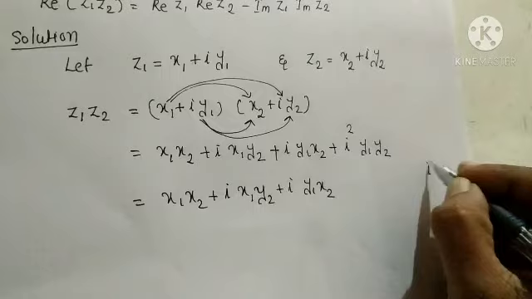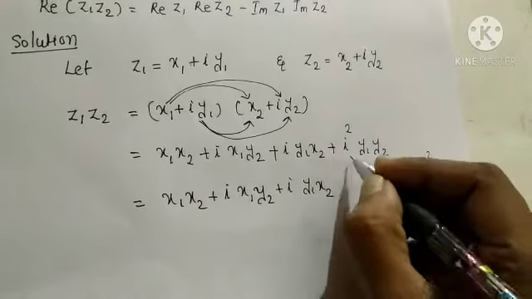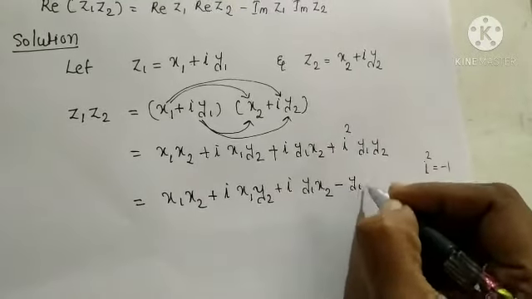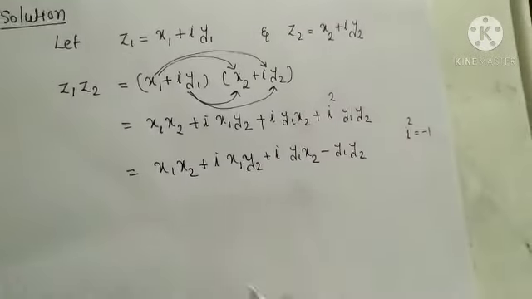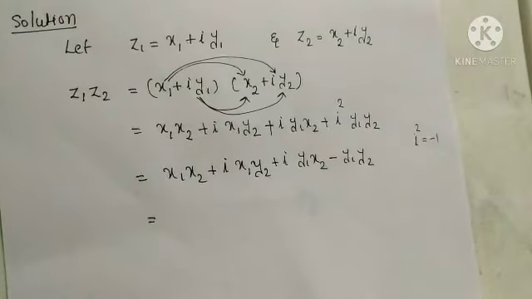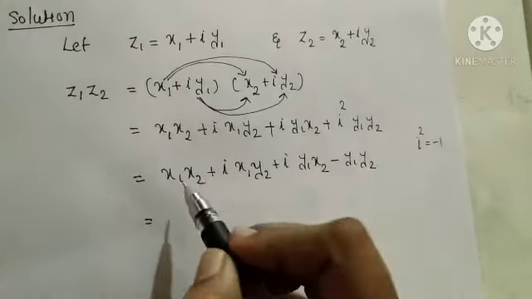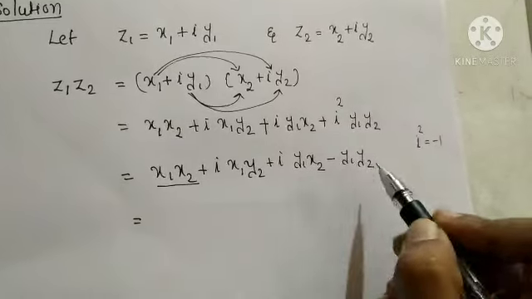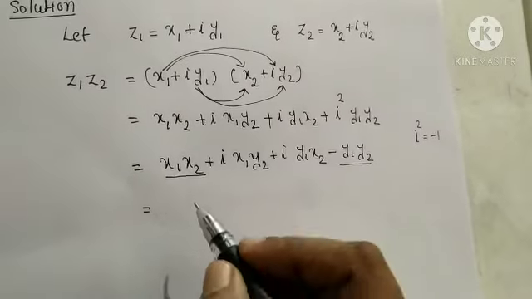I am going to replace this i square by minus 1 here, so it will become minus y1 y2. Okay, I am going to write the real part together. Here the real part is x1 x2 minus y1 y2.